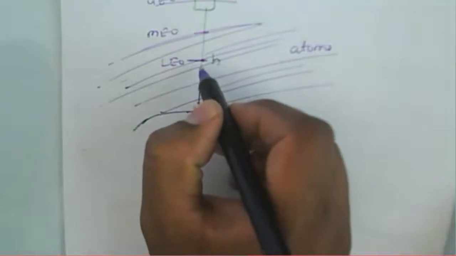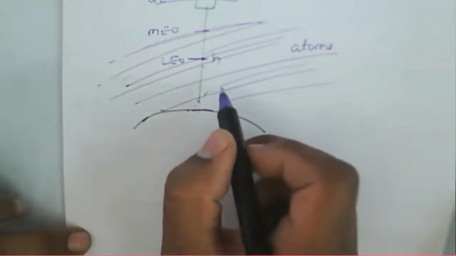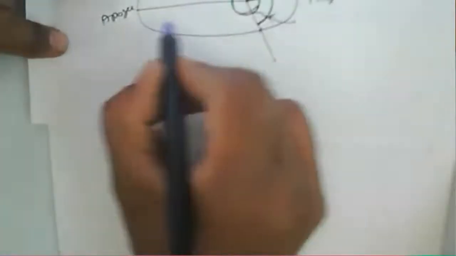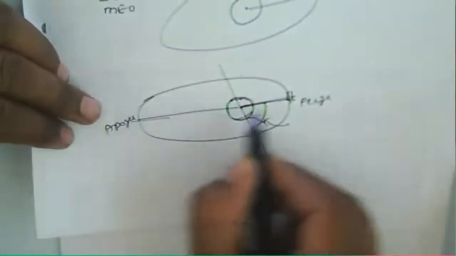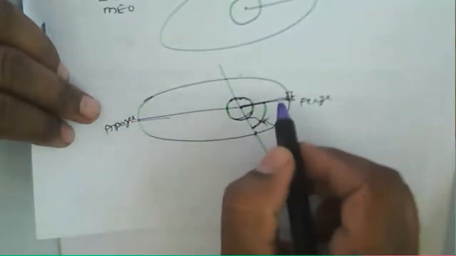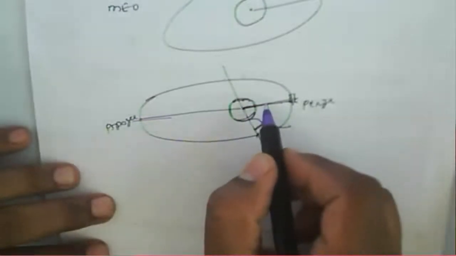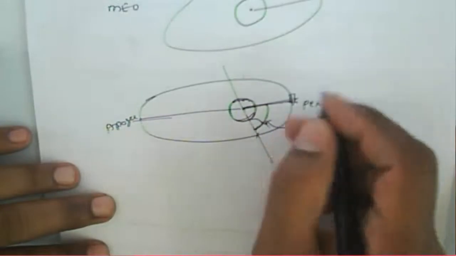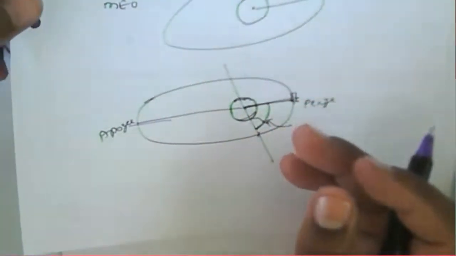Since that orbit is LEO, and the density of the atmosphere near the earth is large, what happens? Because of that large density, there will be a change in the positions of the perigee and apogee. Why?